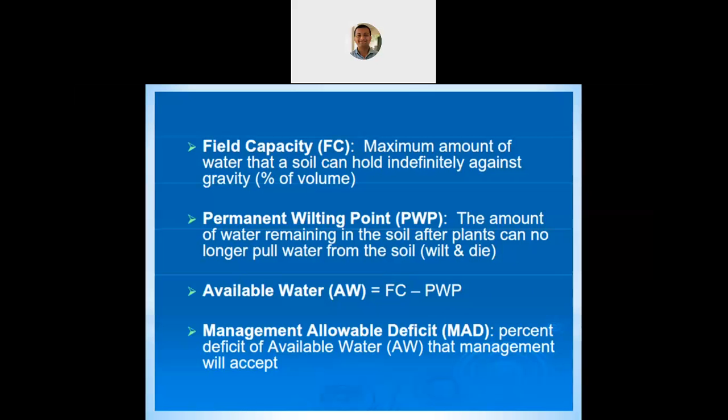Here we can determine how much water we can save through proper irrigation application, that is, not applying excess water so that the soil goes above field capacity, and not applying too little water so that the plants face stress condition as the water level goes beyond permanent wilting point.